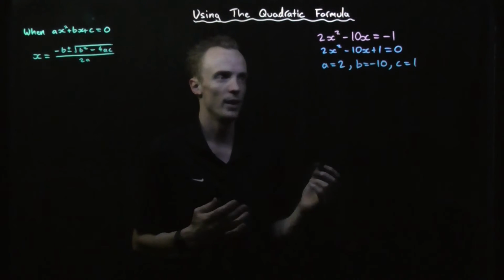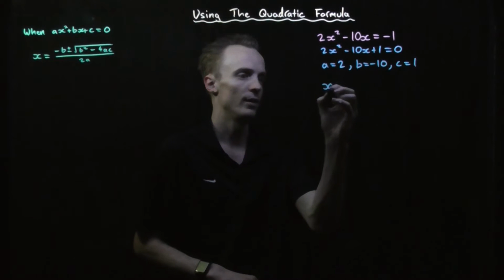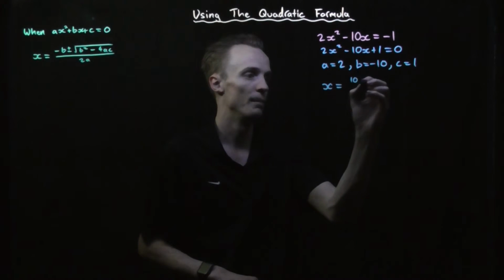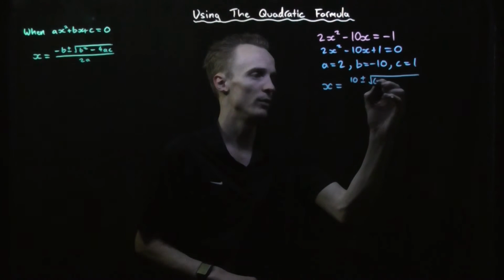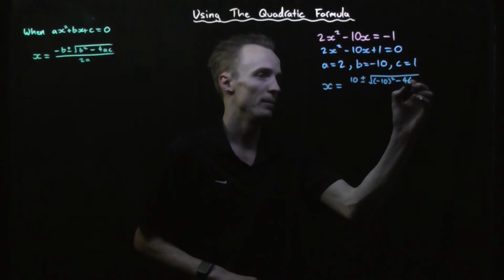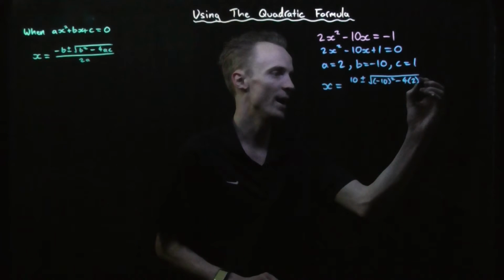Now we've got this, we substitute these back into the formula. So x is going to be equal to the negative of b, which is going to be positive 10 here, plus or minus the square root of b squared, so negative 10 squared, subtract 4 times our a value of 2, multiplied by our c value of 1.